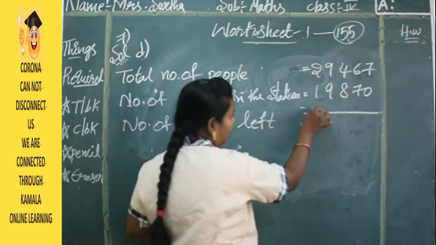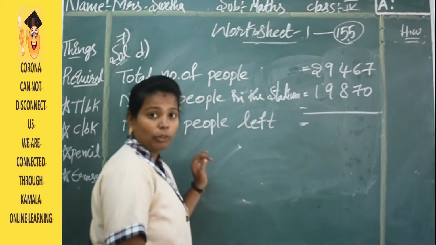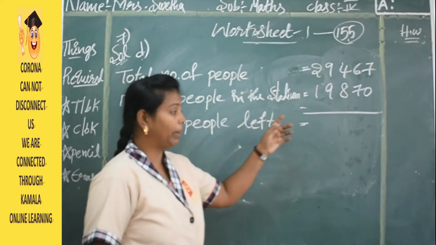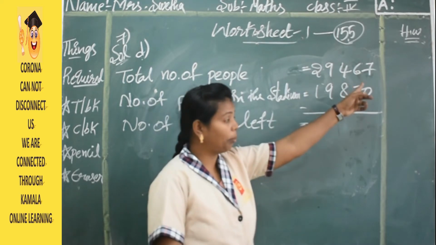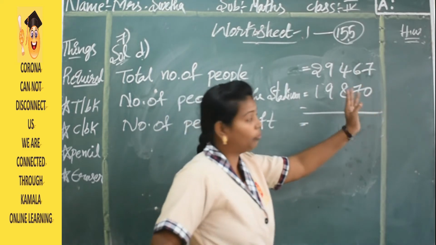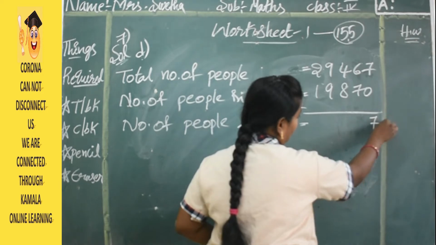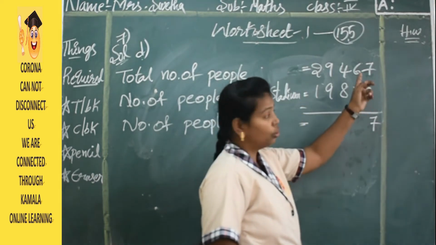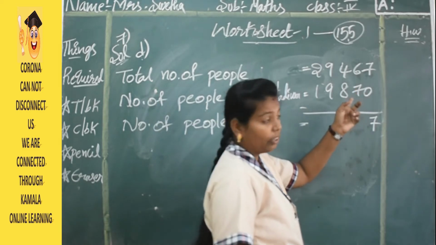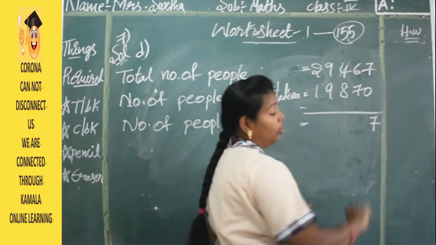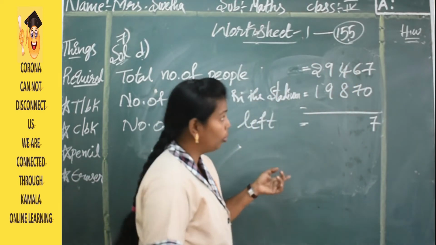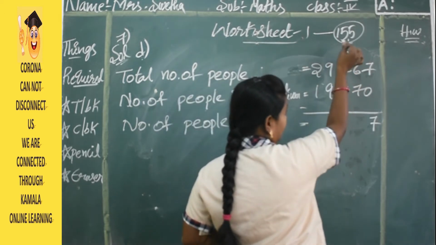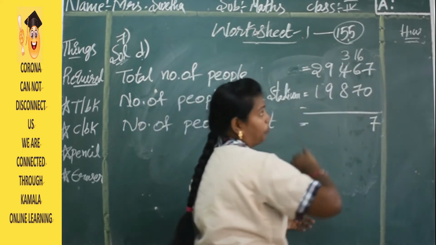So whenever 'left' is asked, you have to do subtraction, no? So take the minus symbol here. Then 7 minus 0, it is 7 only. 6 minus 7, from 6 we cannot subtract 7, so we will take borrow. From 4 if we take borrow, you will get 3 here and 16 here.